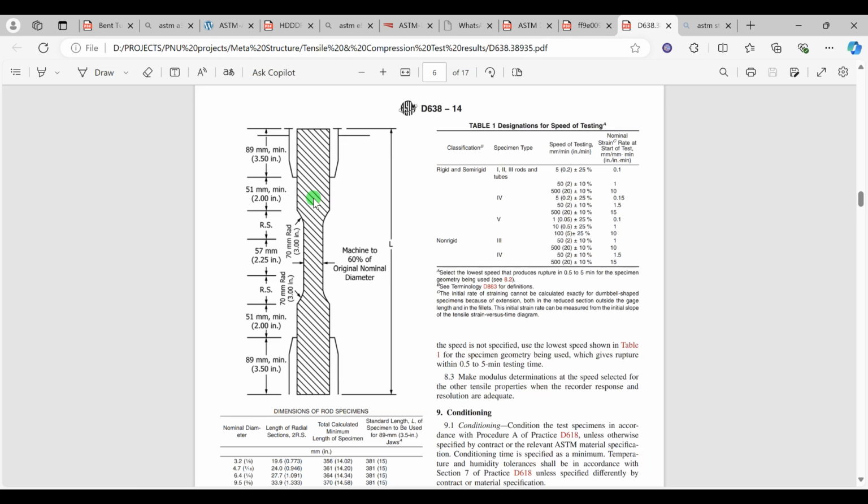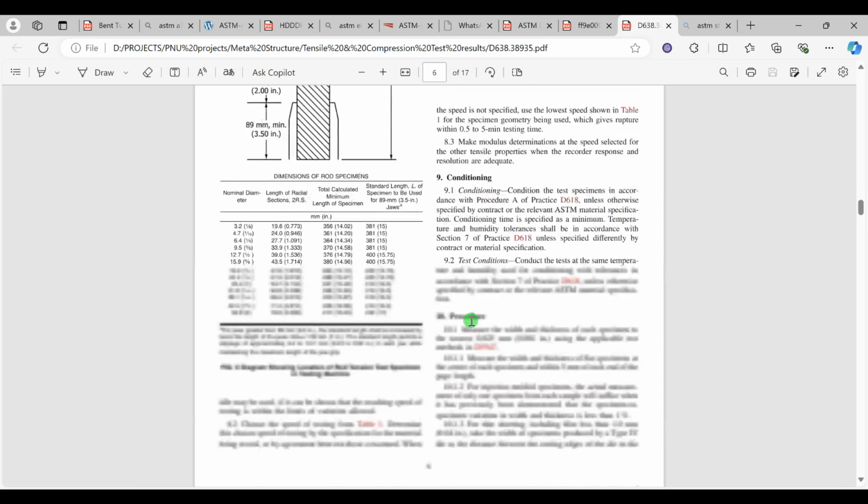So for preventing this issue, it is recommended to stick some extra part to both sides of the specimen, to prevent sliding of the specimen from the jaw. And also here it mentions the gripping area, good gripping area, and other things.